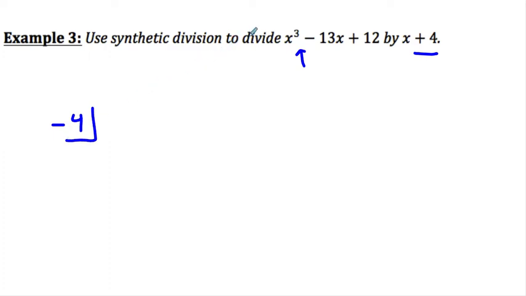Now when I write my coefficients, x to the third is a 1. X squared is not there, so we have to have a placeholder. We need to have that 0 there for the x squared that's missing, because really there is a 0x squared. We just don't write that because there's no reason to write it. And then our x term is negative 13, and our number with no variable is 12.